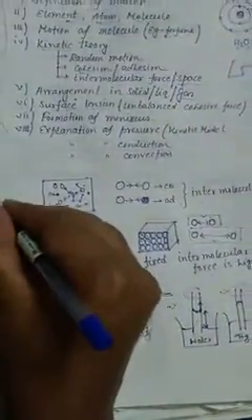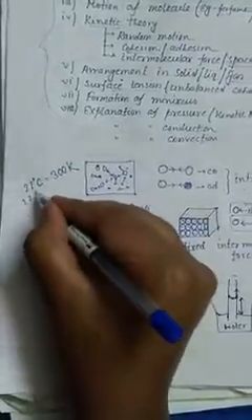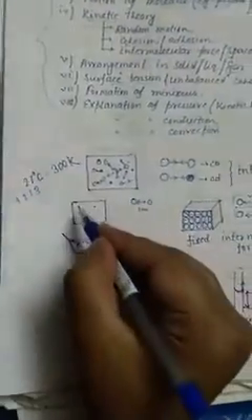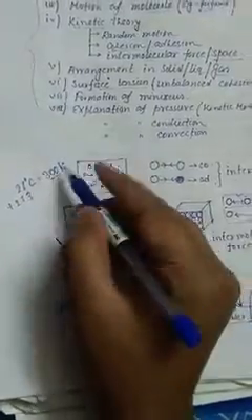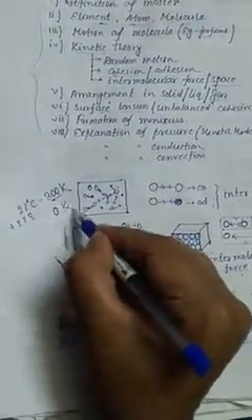We take our room temperature average as 27 degrees centigrade, and that means 300 Kelvin, because 27 plus 273 is equal to 300 Kelvin. So the room temperature is 300 Kelvin, and 300 Kelvin is a little bit higher than 0 Kelvin.